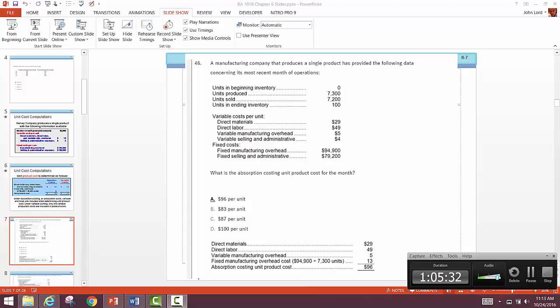So if we look at this and look at the difference in cost of goods sold, what's the difference in cost of goods sold between these two? Let's hope that this works out. If you take this $597,600 versus what is it under absorption? $691,200.